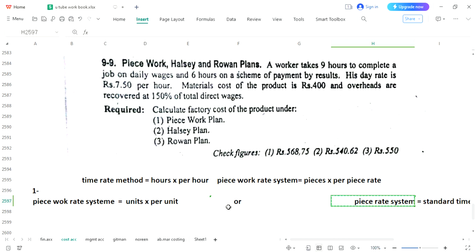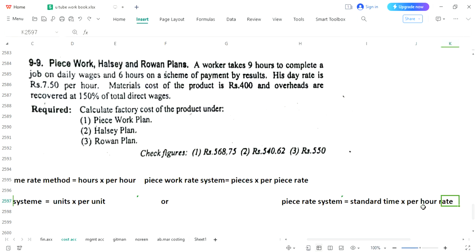Because you have used this formula for the piecework rate system, while actually what you are doing is putting standard time over here. So there is a difference. This is your piecework rate system, you are using standard time and per hour rate. Now that's the problem. While calculating the piece rate system, you were supposed to write pieces and per piece rate, and instead of pieces you are using time.